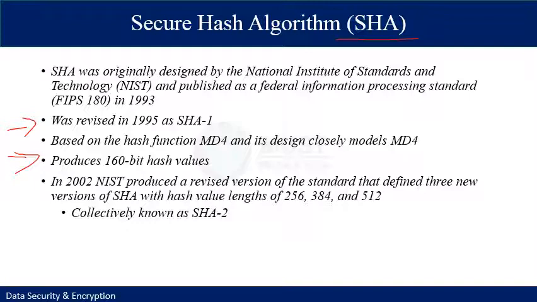However, in 2002, NIST produced a revised version of the standard that defined three new versions of SHA with hash values of 256, 384, and 512 bits, which are collectively known as SHA-2.